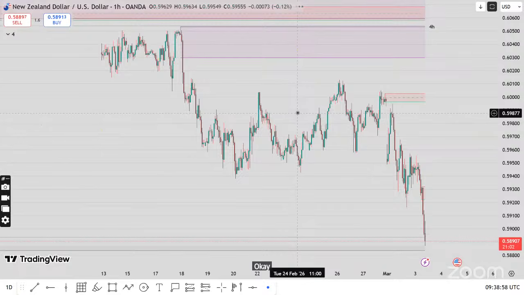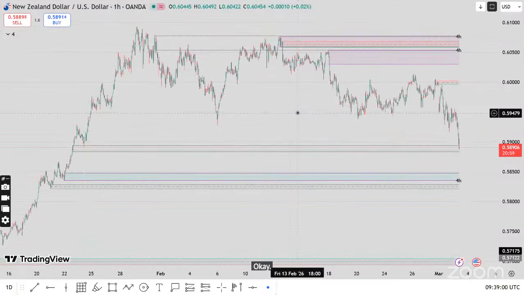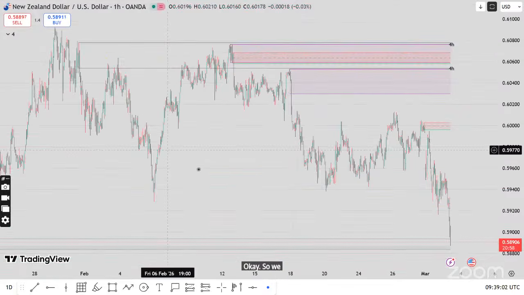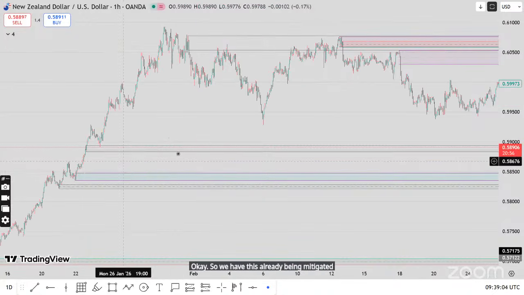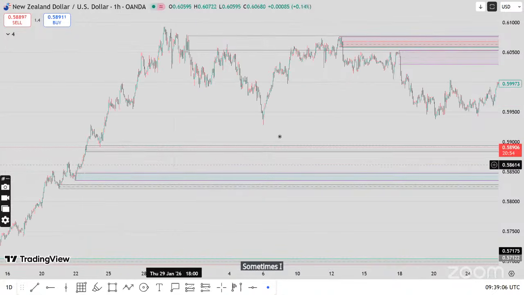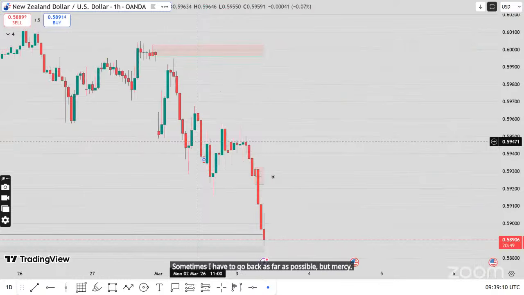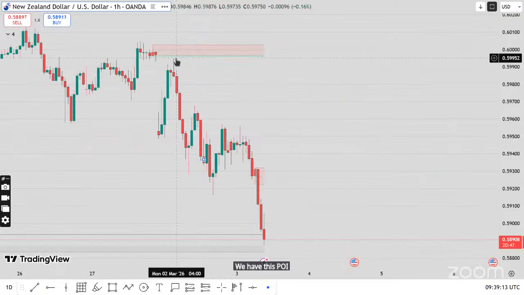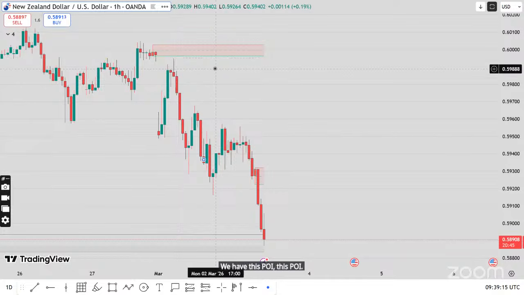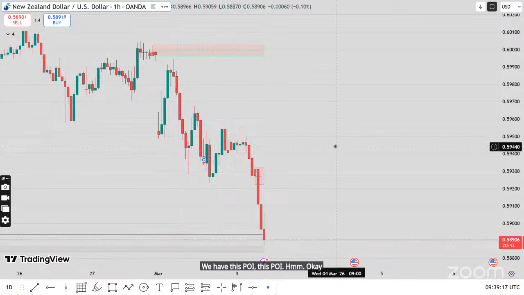So we have this already being mitigated. Sometimes I have to go back as far as possible, but let's see. We have this POI, this POI. Okay, I think we have something here.